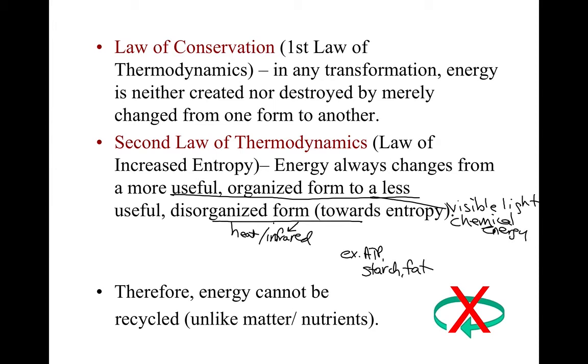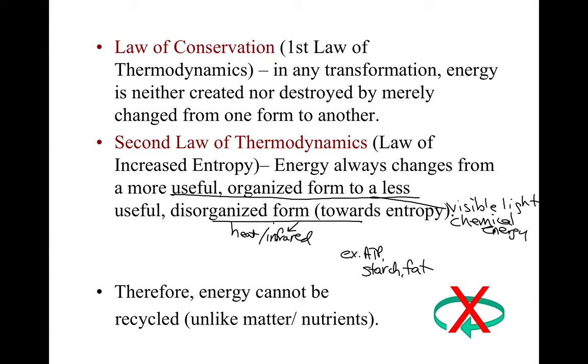Secondly, the second law of thermodynamics, the law of increased entropy, is also at play here. This demonstrates it. Think about it. Every time you transform that energy, you're going to transform it from a more organized form, such as either visible light or something like ATP or starch or fat. You're going to transform it into a less useful, disorganized form.